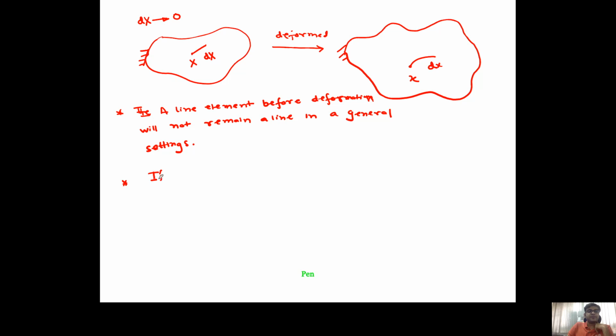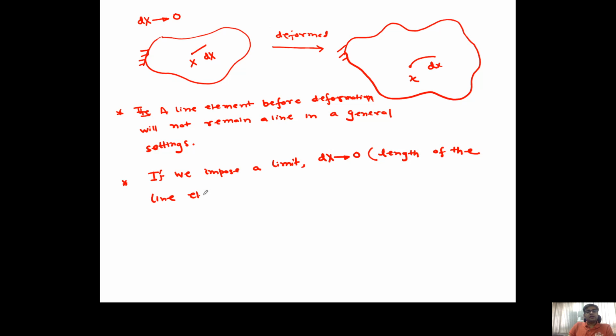So if we impose a limit, and what is the limit? dX tends to 0, that is, the length of the line element is very small.